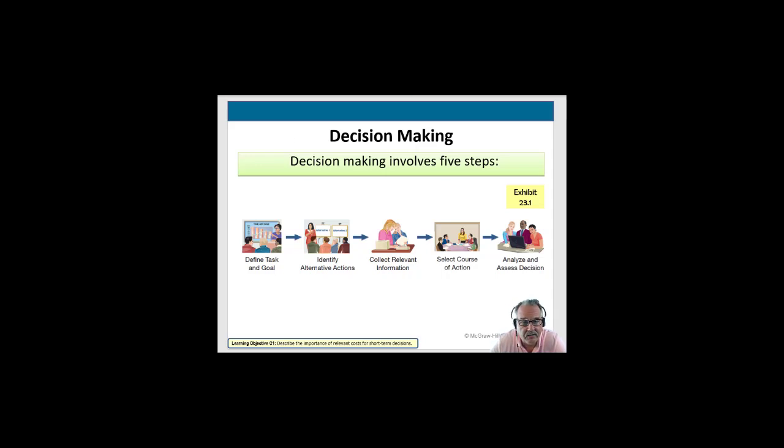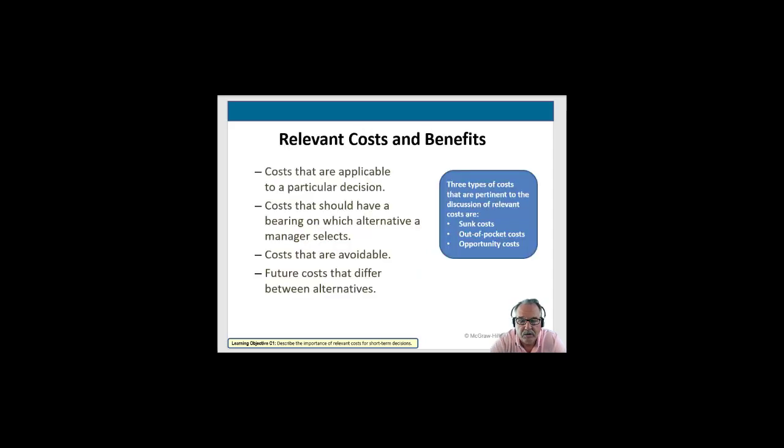So these exercises and problems are going to be based on a decision that is being made. So we want to focus on the relevant costs that are in the decision. These are costs that are applicable to a particular decision, and they're going to be future costs.